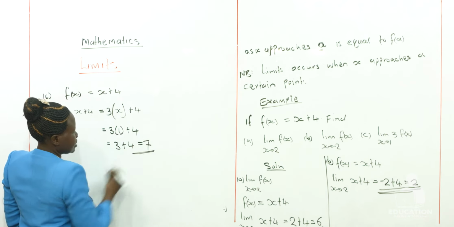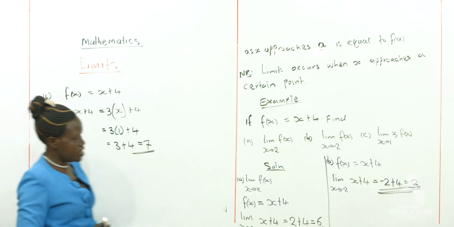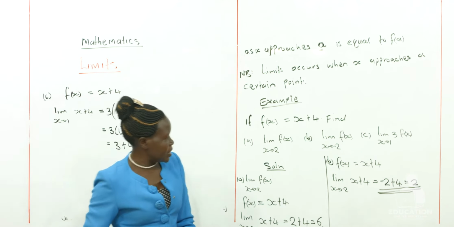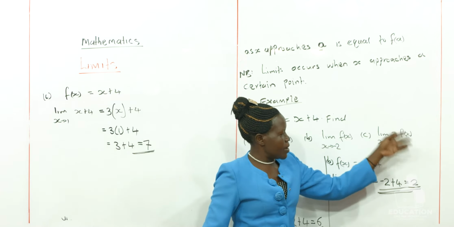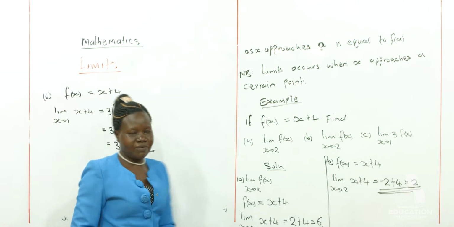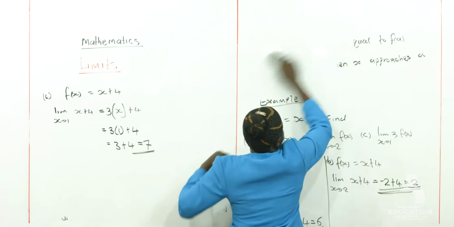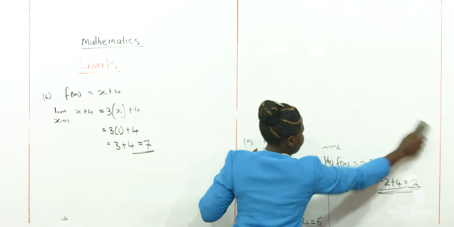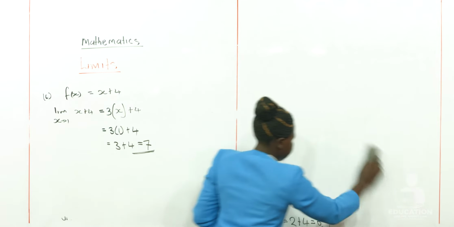So our answer is 7. So that is how you simply deal with limits. And then let us look at example number 2, because we have seen when you are given advice and you ignore, you fall into a problem. And when you fall into a problem, you regret to yourself. So when it is a regret, that is when you have a constant after a limit.